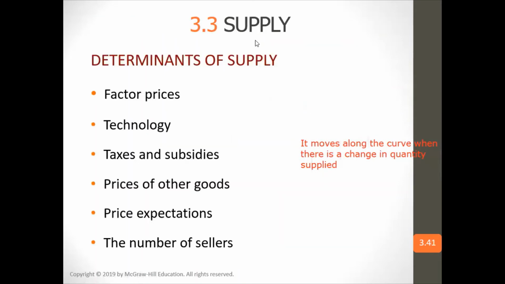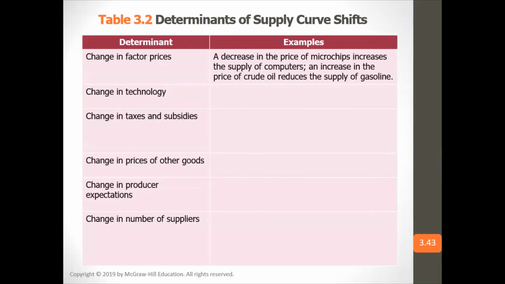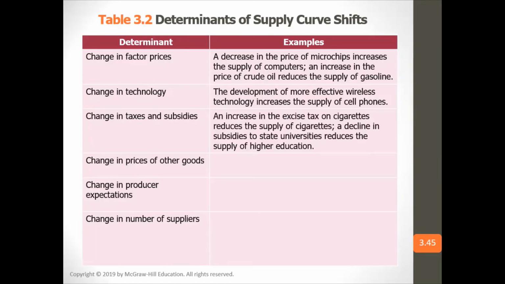So supply can be determined by factor prices, technology, taxes and subsidies, prices of other goods, price expectations, and the number of sellers. Change in factor prices: a decrease in the price of microchips increases the supply of computers, an increase in the price of crude oil reduces the supply of gasoline. Change in technology: the development of more effective wireless technology increases the supply of cell phones. Changes in taxes and subsidies: an increase in the excise tax on cigarettes reduces the supply of cigarettes, a decline in subsidies to state universities reduces the supply of higher education.